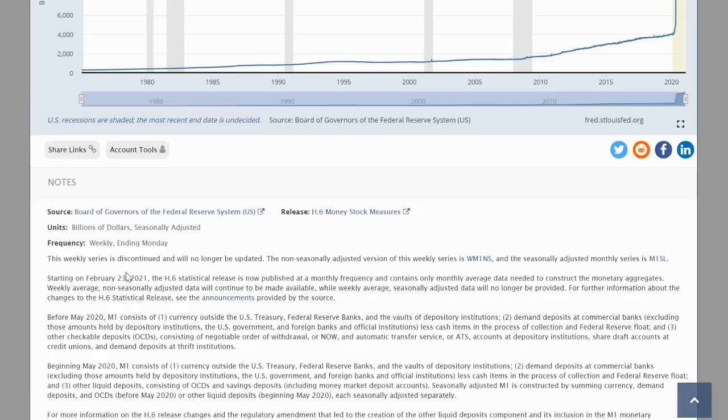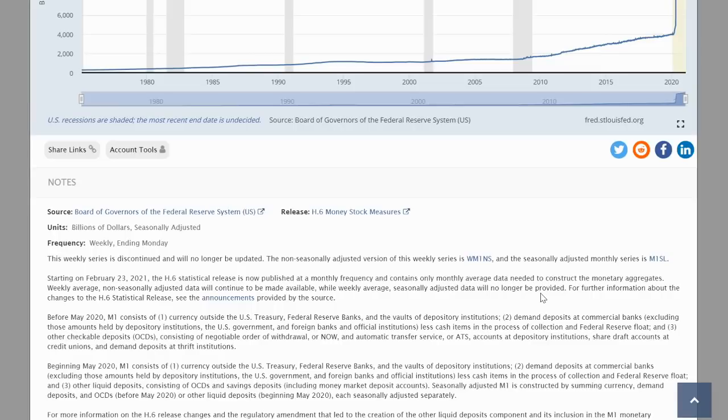The non-seasonally adjusted version of this weekly series and the seasonally adjusted monthly series is now M1SL, which will be occurring monthly. The H.6 statistical release is published on a monthly frequency and contains only monthly average data needed to construct the monetary aggregates. Weekly average non-seasonally adjusted data will continue to be made available, while weekly average seasonally adjusted data will no longer be available.